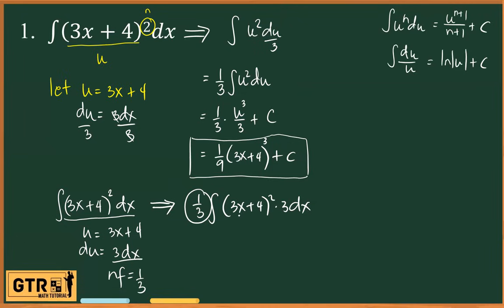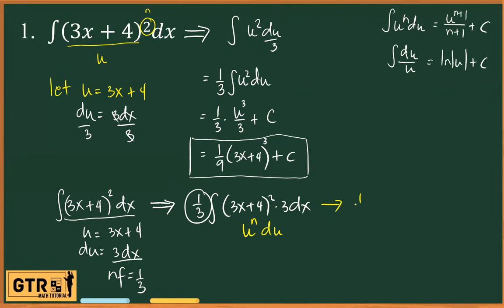So therefore, it is now in the form u to the n du, and then we have 1/3, just like in the first solution where we have 1/3. Okay, so now we can solve directly. If we multiply 1/3 and 3 dx, the answer now is in the form u to the n du.